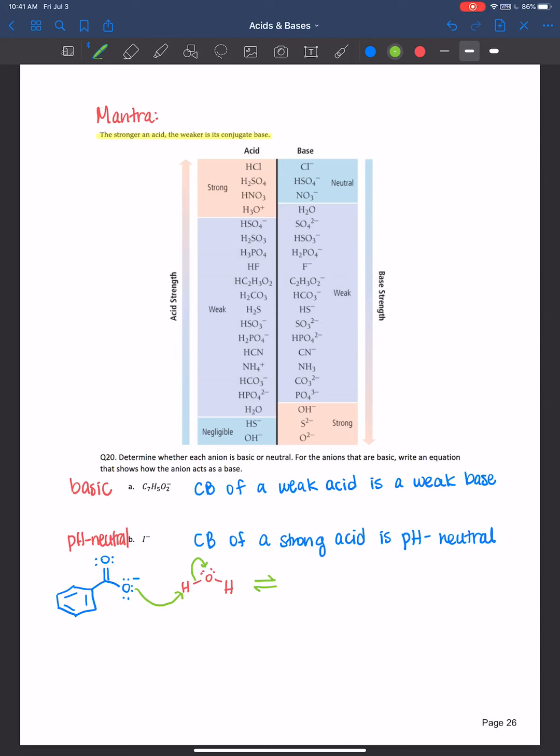Now this is going to be a weak base, so therefore we need to use the equilibrium arrows. Now this oxygen has two lone pairs, and now it has a new bond between oxygen and hydrogen.